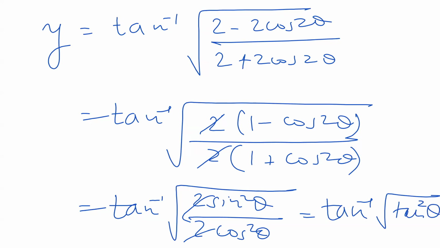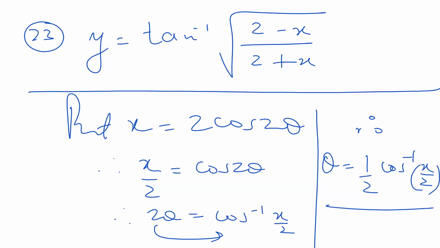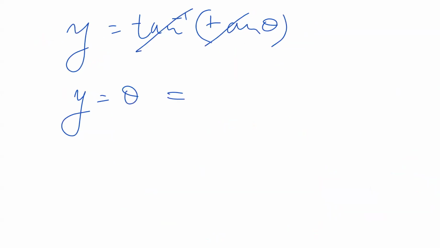Eventually this will be tan inverse of tan theta. Tan inverse and tan are getting cancelled. So y is equal to theta. And what is theta? Before derivative, we have to put the value of theta. The value of theta is half cos inverse x by 2. So y is half cos inverse x by 2.